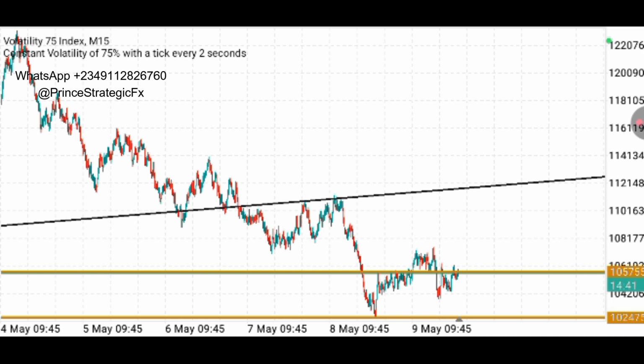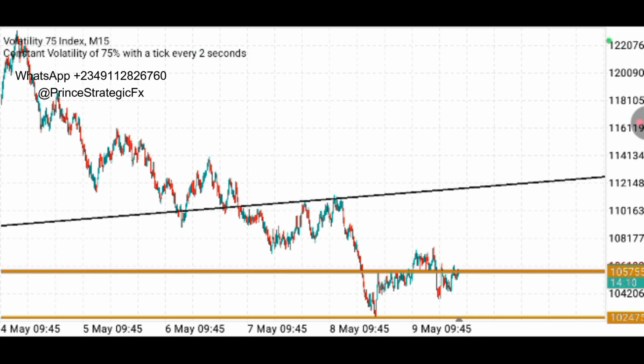H4 is a higher time frame, so I categorize from D1, H8, H6, H4, H1, all of these as higher time frames. So whenever I'm trading, I categorize all of these as higher time frames.